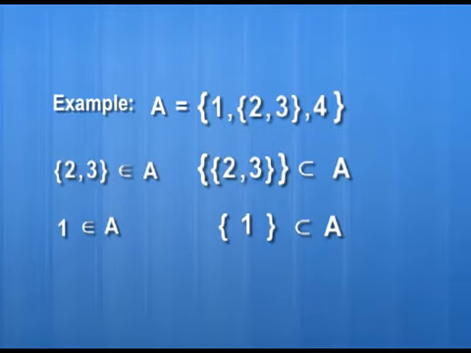So, this will belong to the set and this symbol will be used. Again, if I put this element within braces, then this will be a singleton set and this set will be a subset of the set A. Similarly, 1 is an element of set A, so it belongs, and 1 put within braces is a set which is a subset of set A.